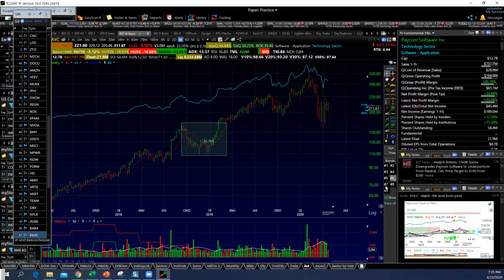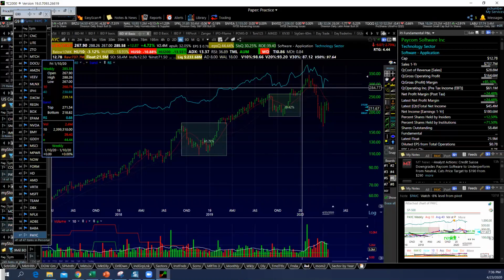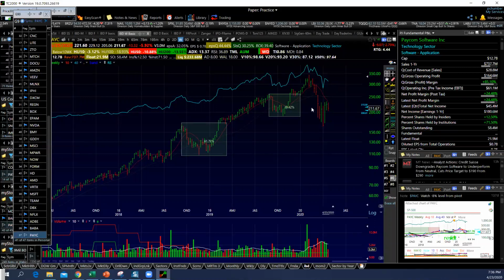So that's just a normal cup. A cup with a handle is going to look more like this, although this is a high handle, just to confuse you. In a cup with a handle, you have the cup part, just like you have here, but then you get a drift back, like with these 2 bars over here. Then when it takes out the high of this little consolidation, which is this bar, you see the volume's higher there as well.